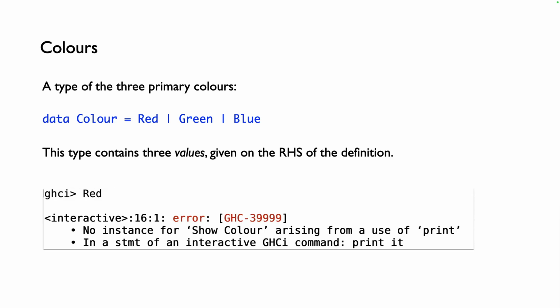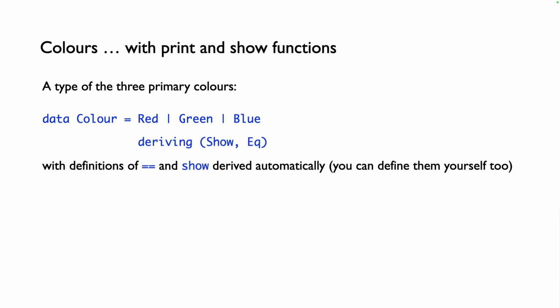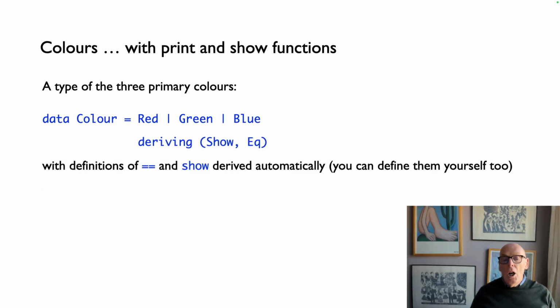Now, what we can do to remedy that is we can add this line that says deriving Show and Eq. And what that does is to get the system to automatically produce definitions of a show function, that is a function that will turn a value into a printable form, and an equality function.